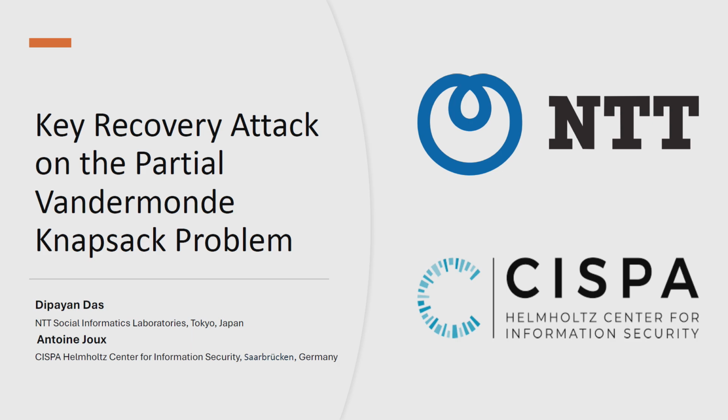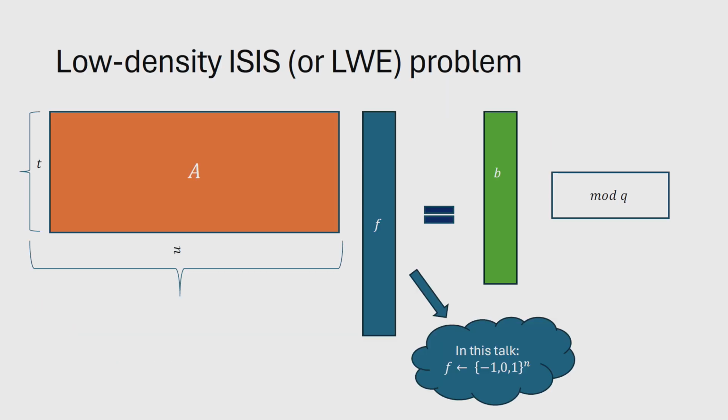Hello, everyone. So I will be talking about key recovery attack on the partial Vandermonde knapsack problem, and this is a joint work with Antoine Zhu. So the central assumption for doing lattice-based cryptography is this low-density inhomogeneous SIS problem, or the LWE problem. The problem informally states the following.